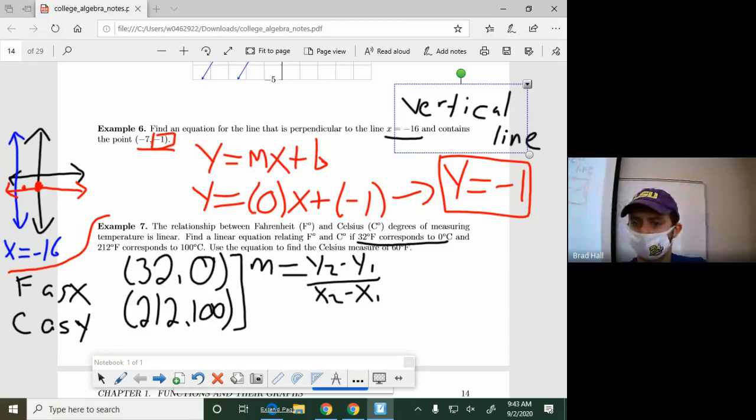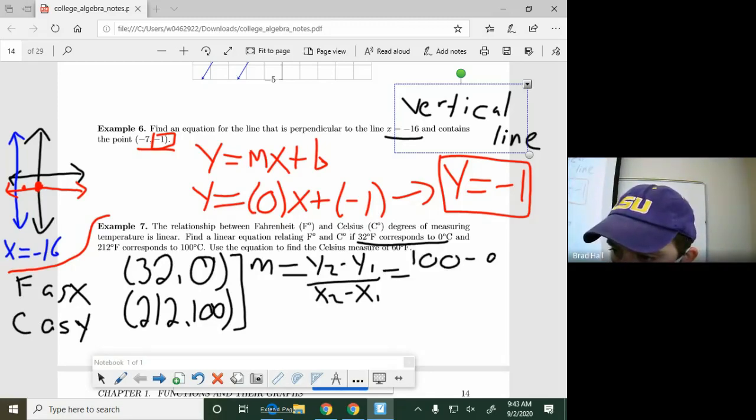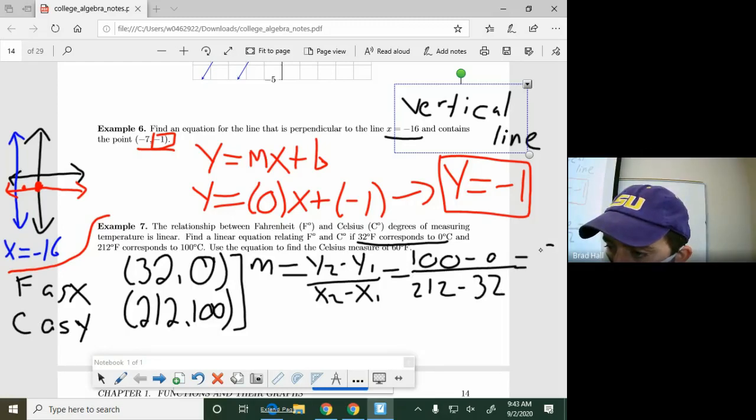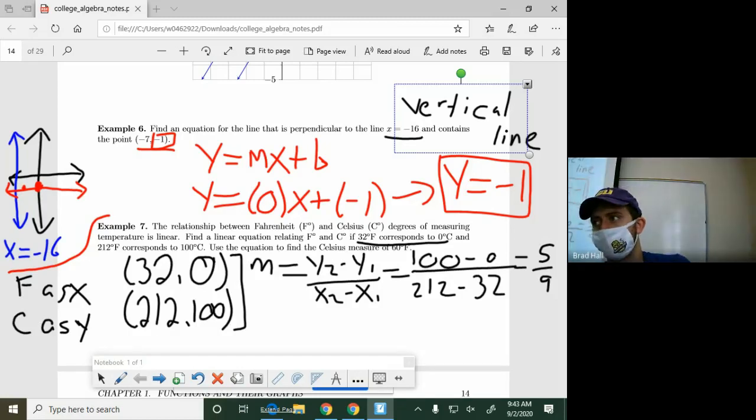Y2 minus Y1 divided by X2 minus X1. Y2 here, we can say that that's 100 minus Y1, which is 0, divided by 212 minus 32. And by simplifying that, you should get 5 over 9 after you simplify everything.